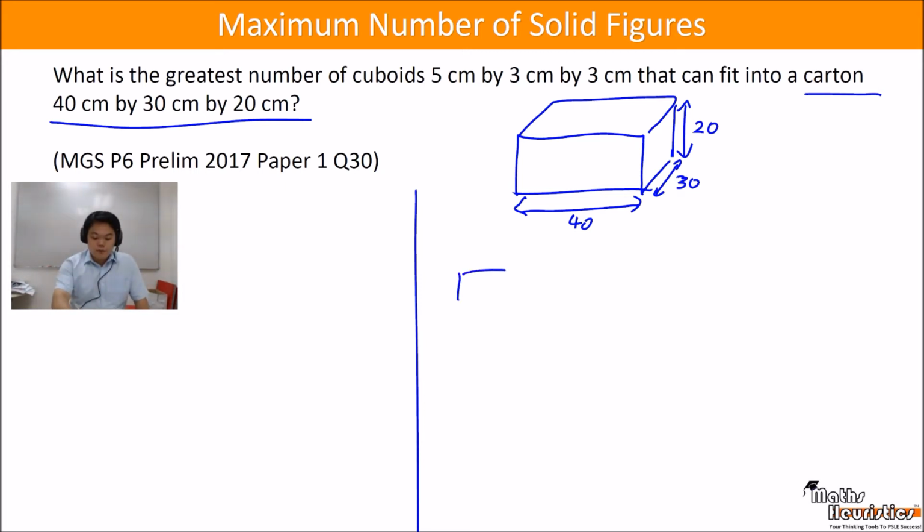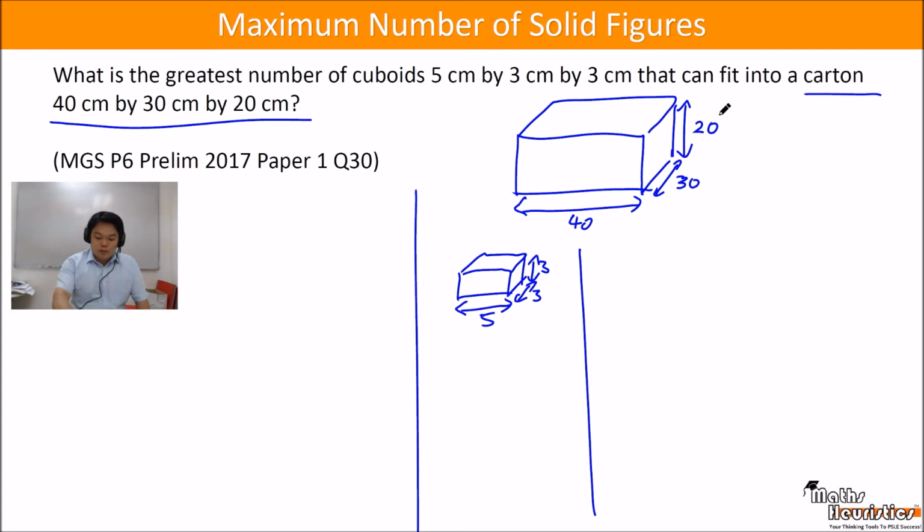The first way would be to say that this is 5, this is 3, this is 3. When we do this, we are fitting the 5 cm of the small cuboid to the carton's 40. We are fitting the 3 cm width to the carton's 30, and we are fitting the cuboid's height of 3 to the carton's height of 20.